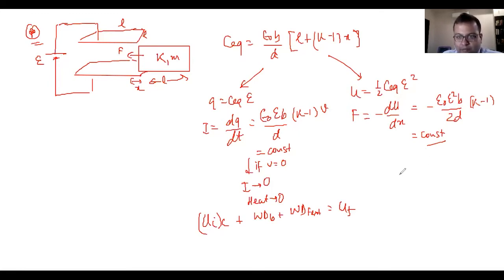I can say that the time to get into the capacitor will be from S equals half a t square. S का value is L, so I can write down L is equal to half into F by M into T square. यहाँ से T आ जाएगा, and so the time period will be what? 4T.